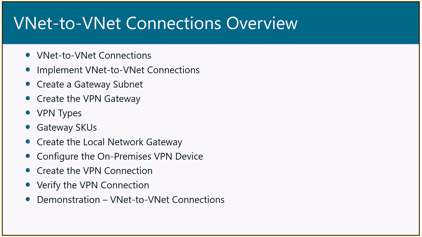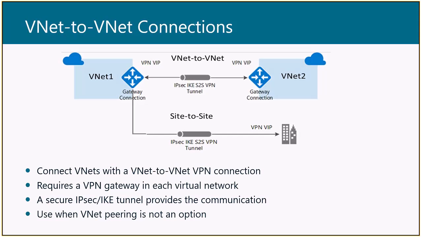VNet to VNet connections: you can implement a VNet to VNet connection. You can create a gateway subnet, create a VPN gateway, choose the VPN type and gateway SKUs, create the local network gateway, configure the on-prem VPN device, create the VPN connection, and verify the connection. So here's your VNet 1 and VNet 2.